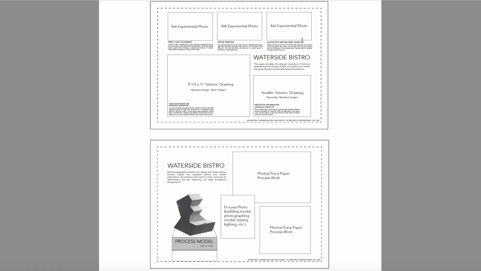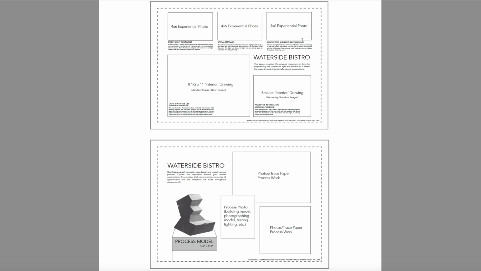And then at the bottom of the poster, you see that there are these interior drawings. Those are essentially the drawings that you've been working on. There's only 2 now, so we're refining. You had 3 sketches, now we're moving to 2. One of them will hopefully be the standout wow image, and you will recreate that on a full 8.5 by 11 inch size paper, which is the size of a normal piece of computer paper.